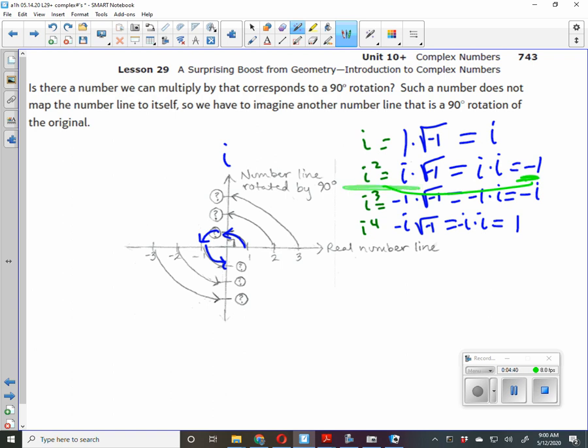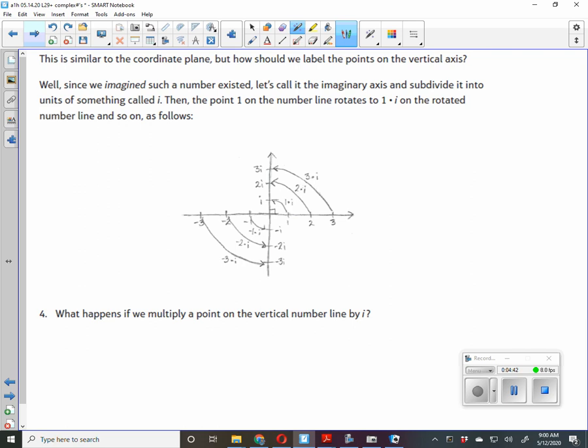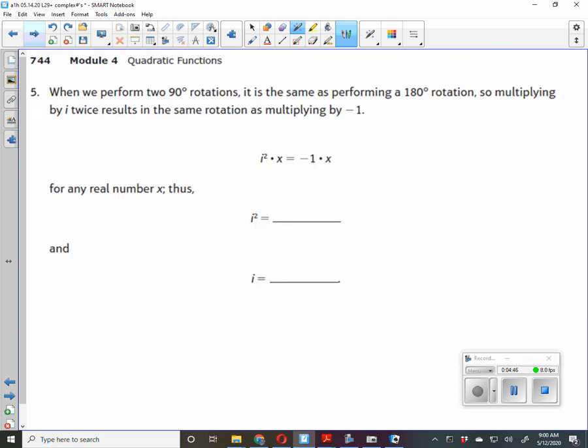All right, I'm going to keep moving here. When we perform two 90-degree rotations, it's the same as performing a 180-degree rotation. So multiplying by i twice, you get the negative 1, which is what we were showing before.